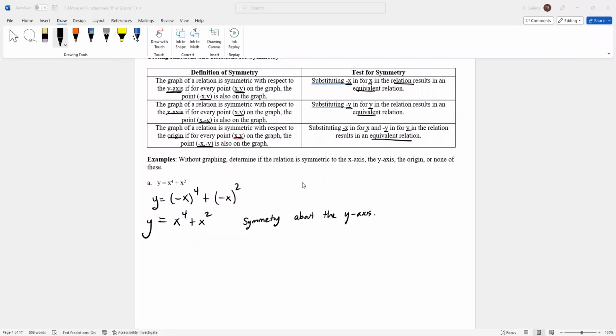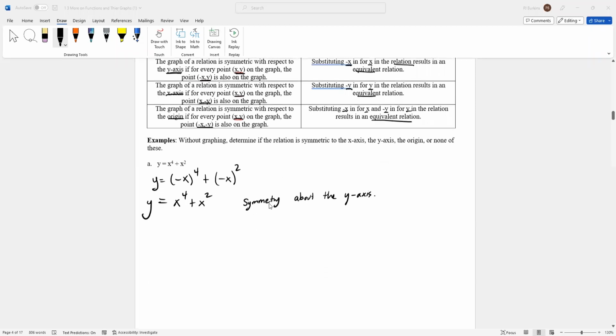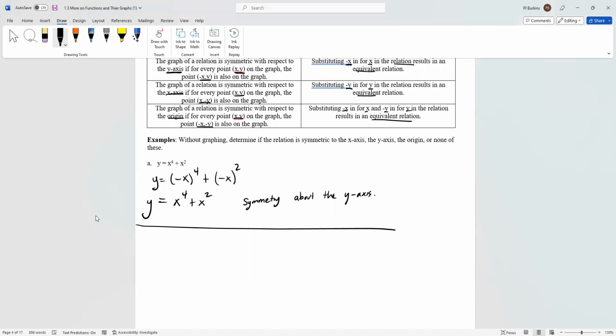All right, now because this is a relation and not a function, we don't stop there. We have to test the others. So for the next part, it says plug in a negative y and see if you get the same thing. Well, if I do that, I hope it's pretty clear that I get negative y equals x to the fourth plus x squared, which is not the same thing as before.